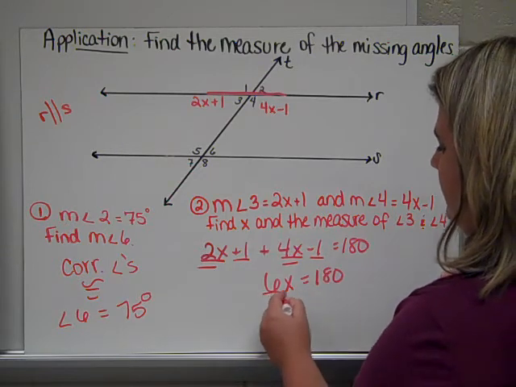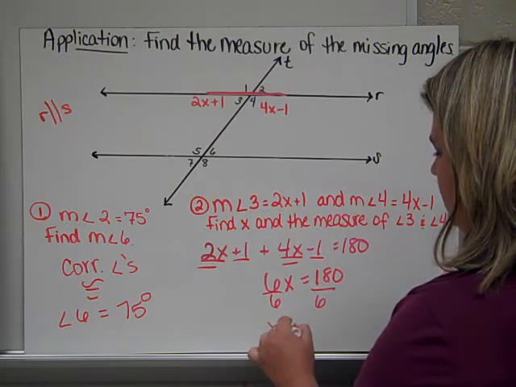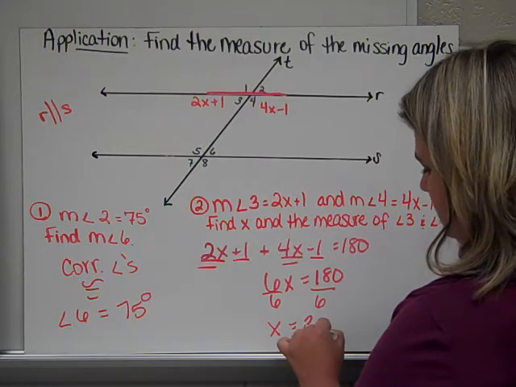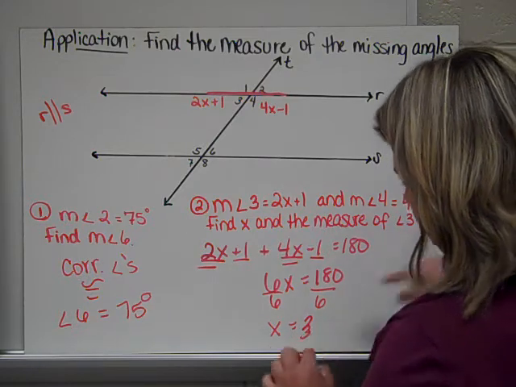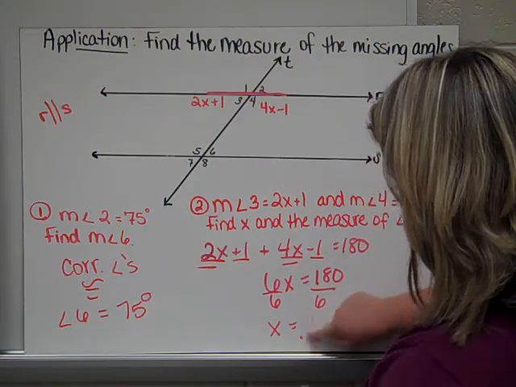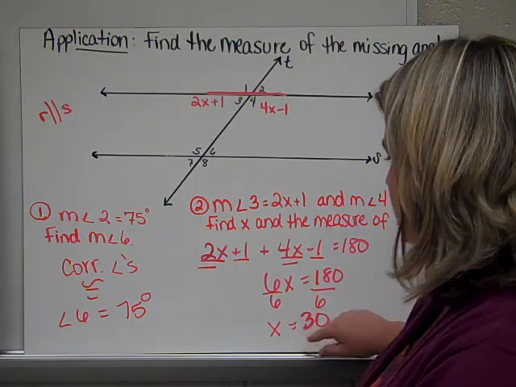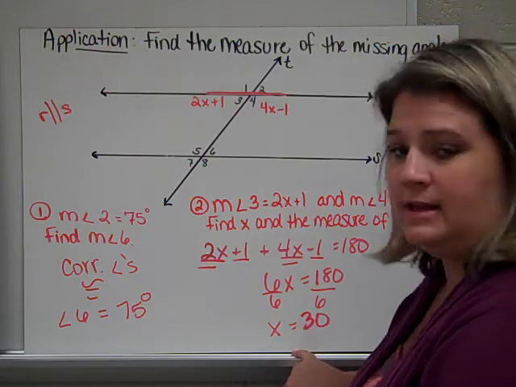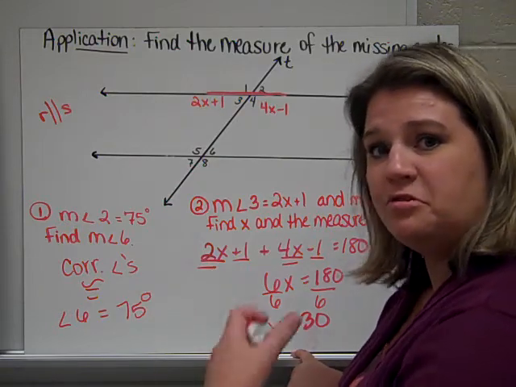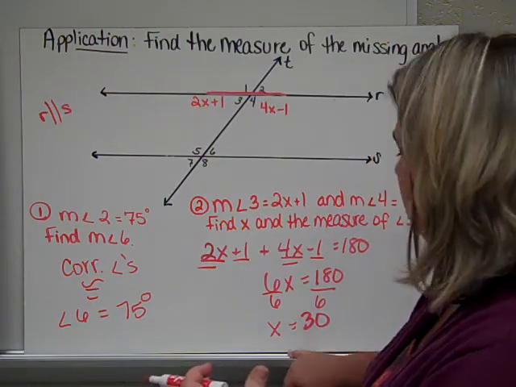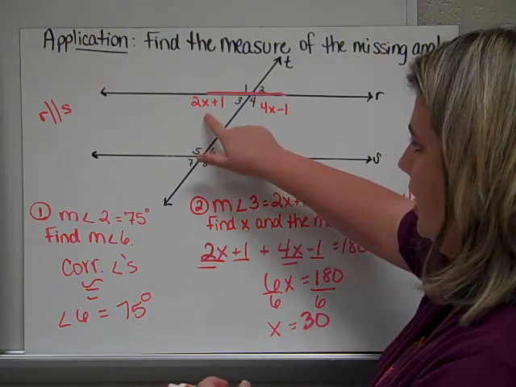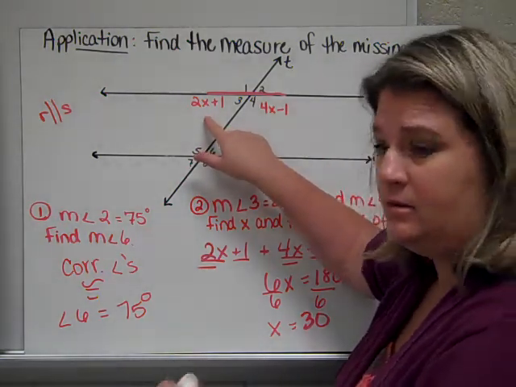We're going to go ahead and divide by 6. So x is 30. Remember before, when we talked about solving for a variable, this is not the angle measure. Remember, the angle measure is represented as an algebraic expression. So we need to plug this in up here with x in order to get that angle measure.